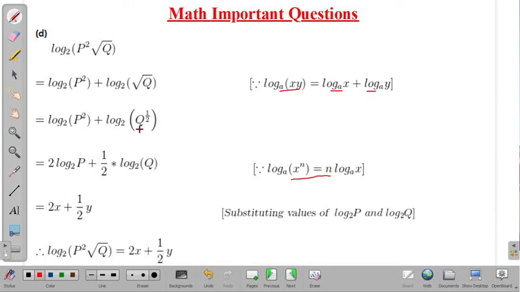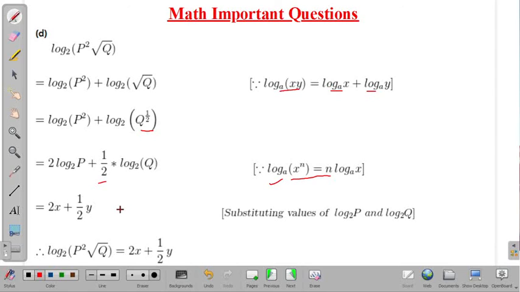So writing first this under root q as q raised to the power 1 by 2, then using this formula we can write 2 into log p plus half, this power will come here only, plus half into log q. Okay, and substituting log p by x and log q by y as given in the problem, we will get log of p square under root q equal to 2x plus half y.